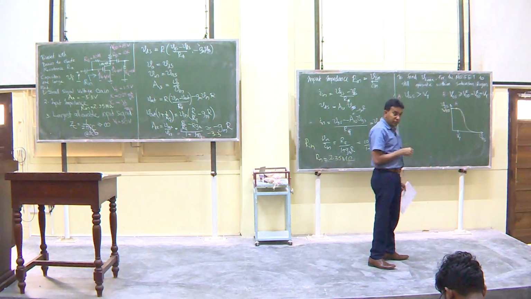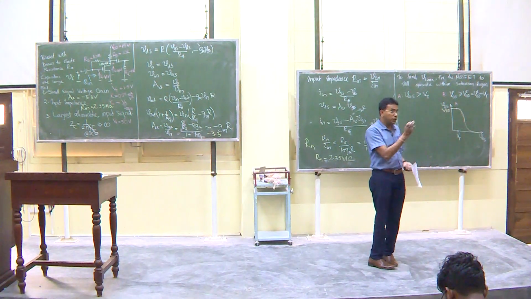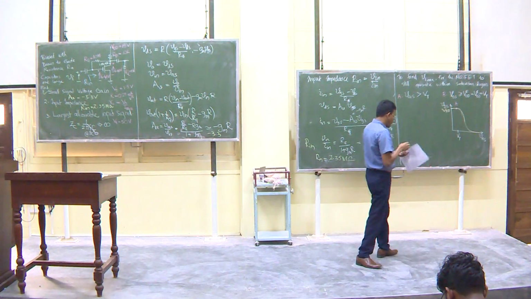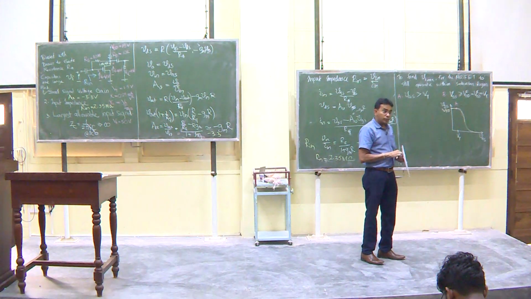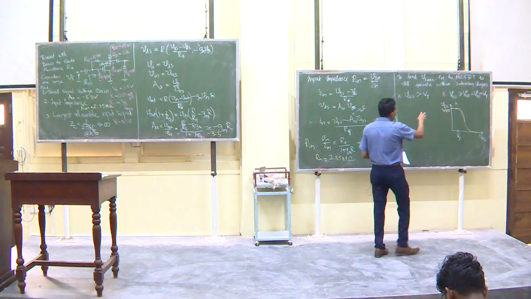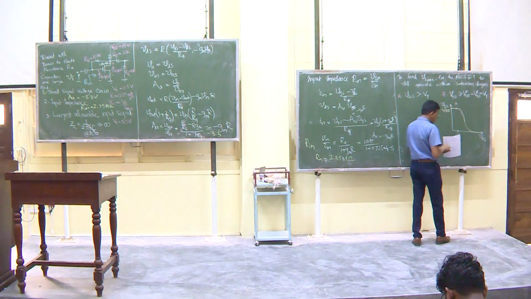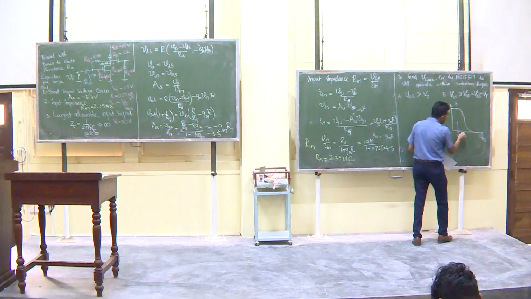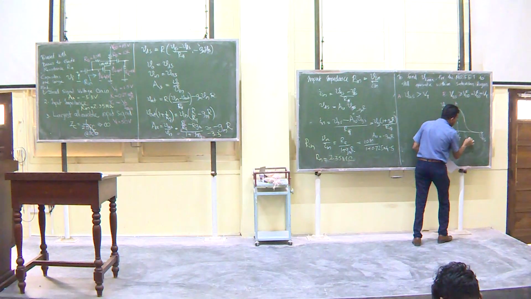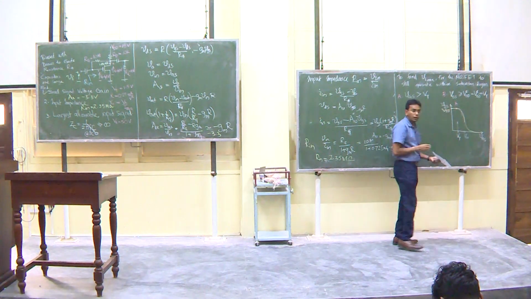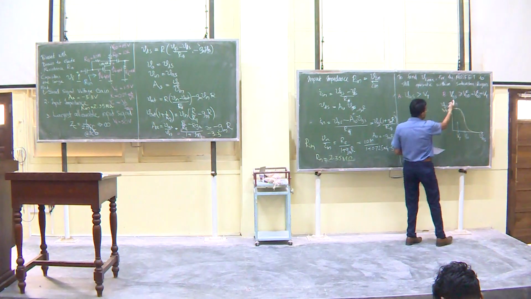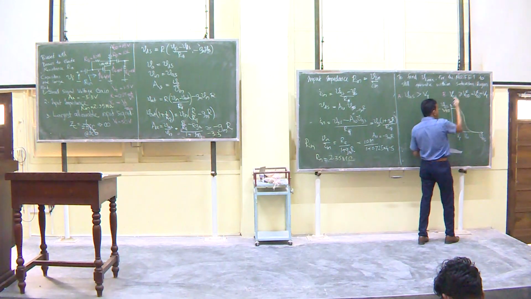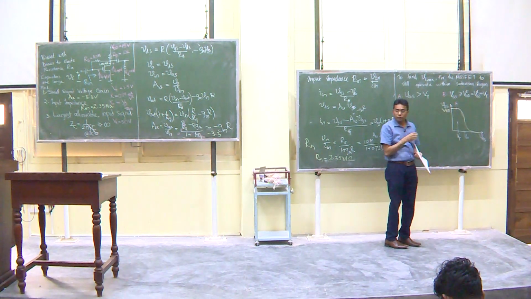Now, the question is how to find this point B, that is the border between saturation and triode. If you remember, that is basically the overdrive voltage. So if you draw this is VDS, this is V overdrive. If I draw this curve, VDS equals V overdrive. At the saturation triode margin, this has to be equal.